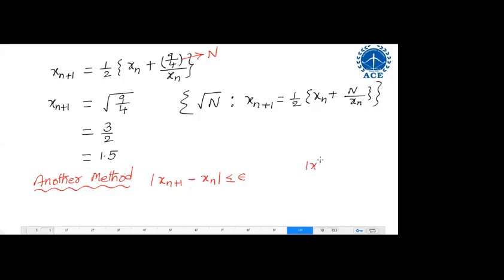Do you know this formula? Mod x less than or equal to a means minus a less than or equal to x less than or equal to a.